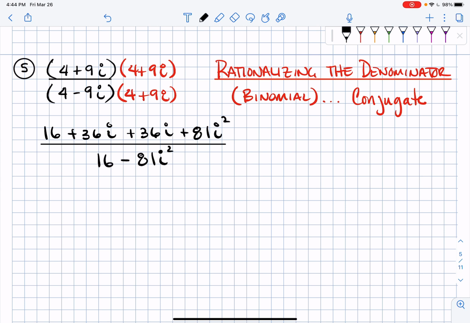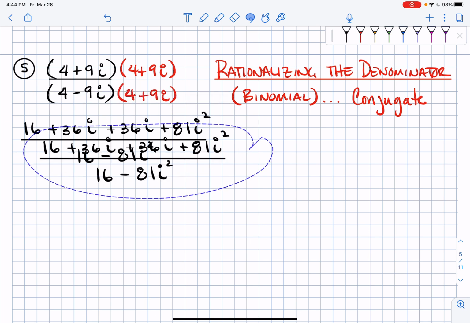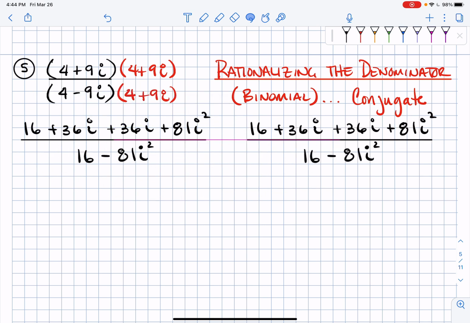All right, but what do you notice about i squared? Right, i squared is actually going to be -1. So again, the i squared is a -1.